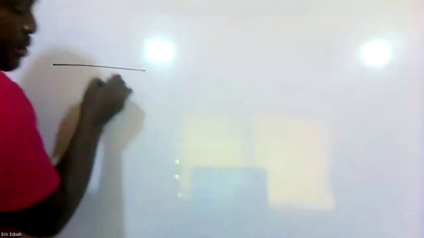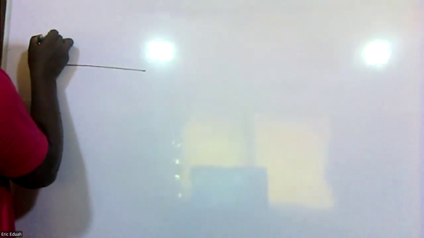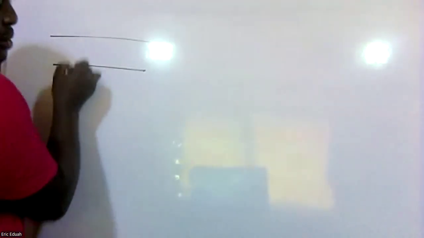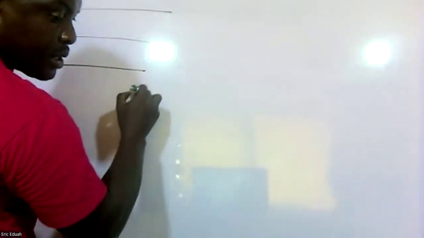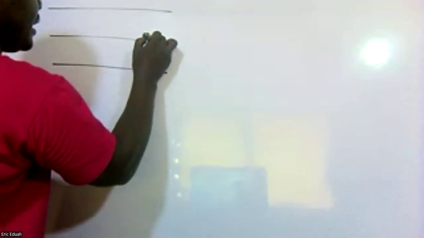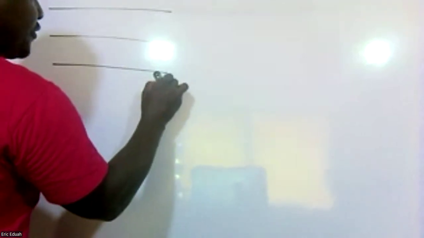So we have the first material. Okay, so this is material 1 of refractive index 1.6.